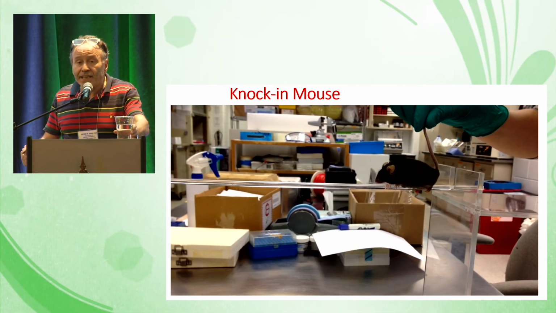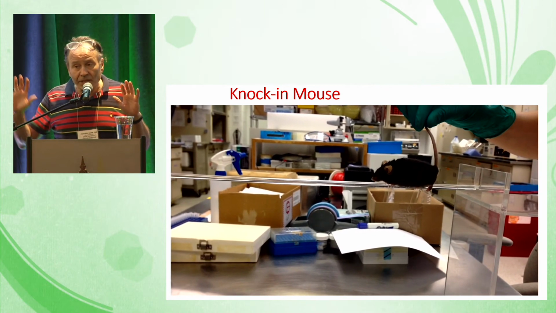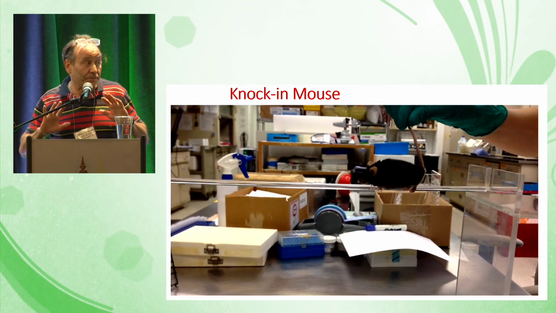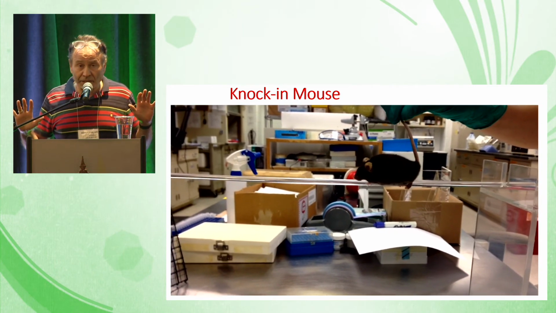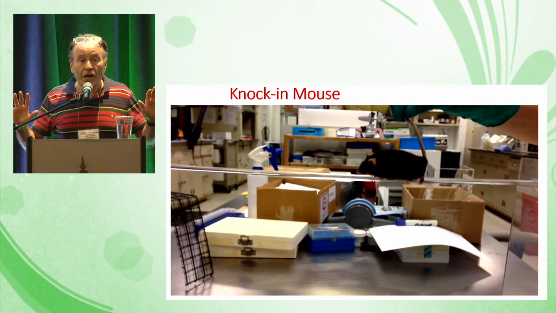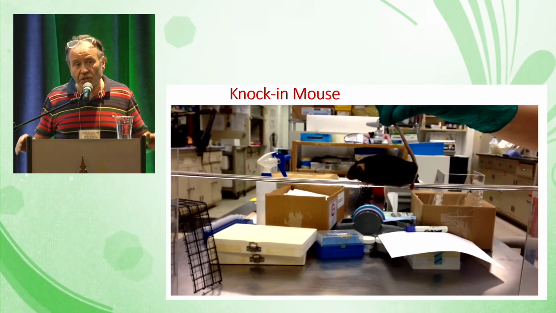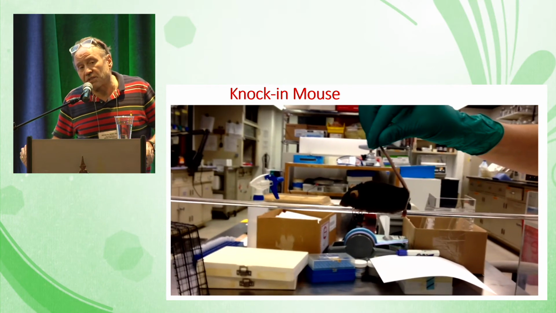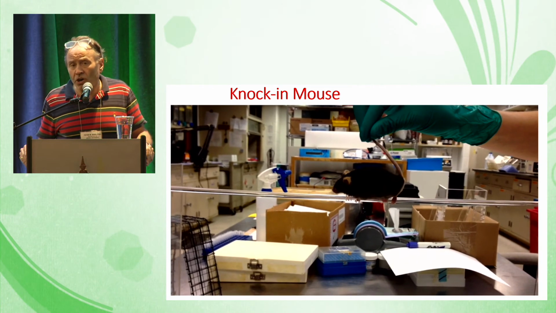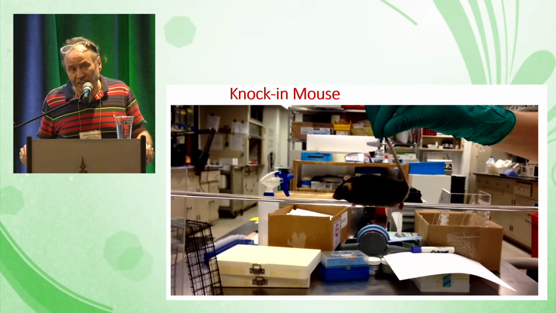Now, when I take the knockout mouse and this knock-in mouse, and I cross them, so now I've got a line of mice that are both, the symptoms are worse, earlier and worse. So I think what that's telling us is that haploinsufficiency is not the primary cause of HSP, but it's an exacerbating factor.